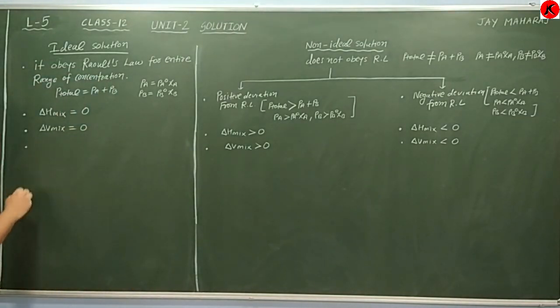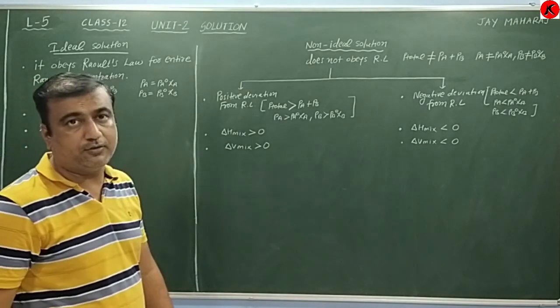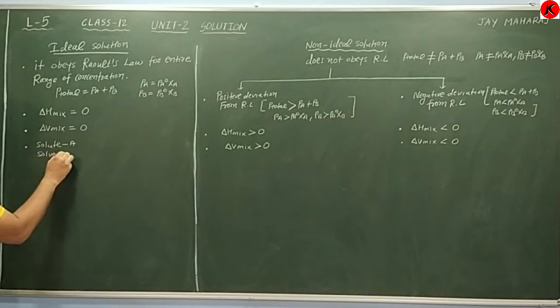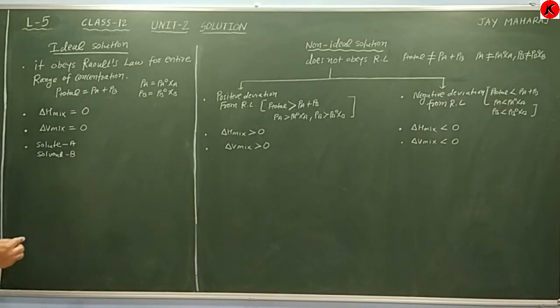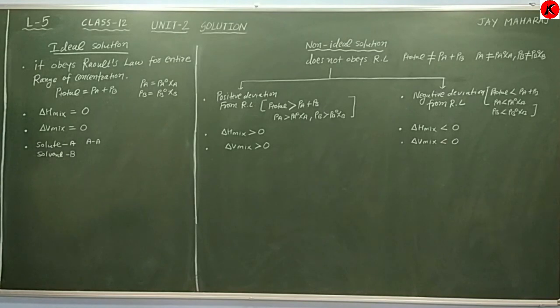Fourth characteristic, under which situation ideal solutions are formed. So we are forming solution, that means solid is A, solvent is B. Now solid has intermolecular attractive force of this type, that means AA, between solid and solid molecules.